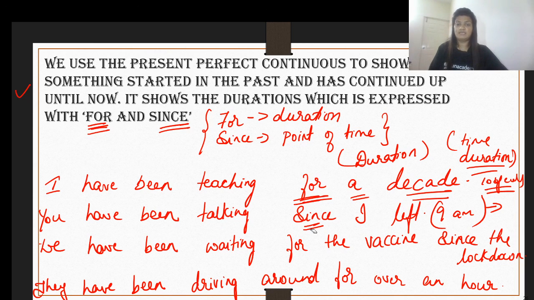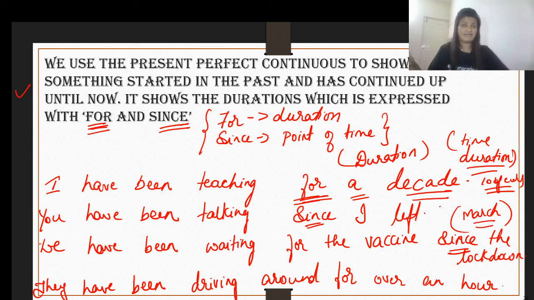So this says since, again showing the time duration, but telling when specifically it started. Next, we have been waiting for the vaccine since the lockdown. Well, lockdown started way back in March, and for the vaccine since, here not for but then since, it started in March, so we are referring to March over here.